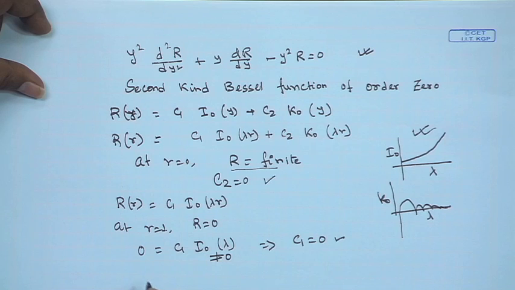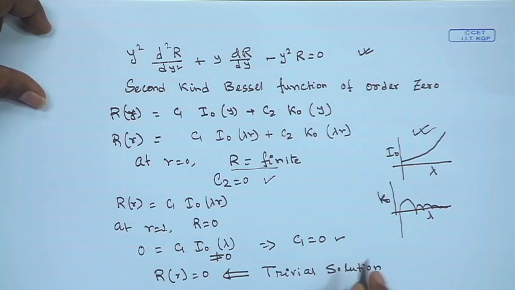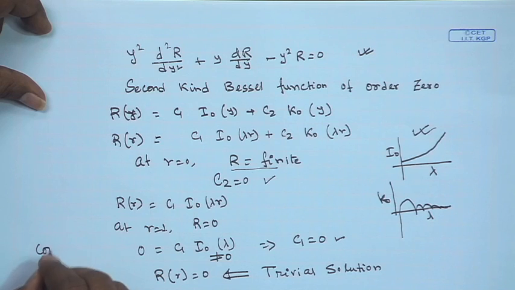So, the solution is R equal to 0. This gives me a trivial solution. Therefore, the case that the constant is a positive constant is ruled out.